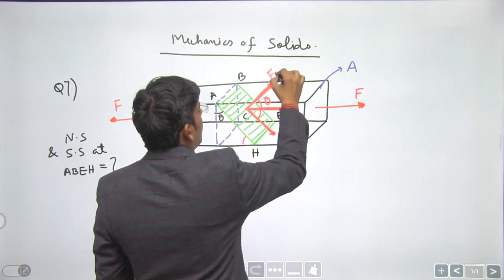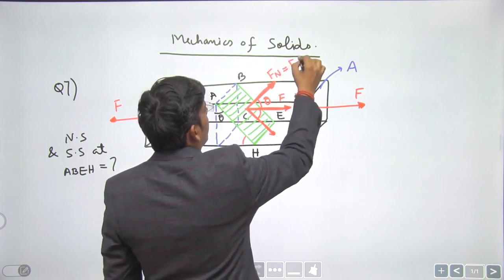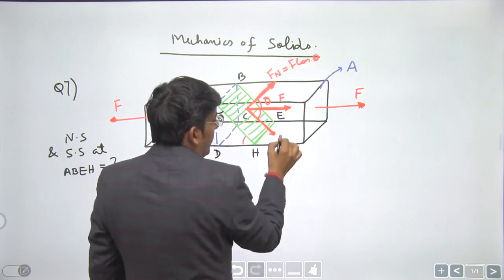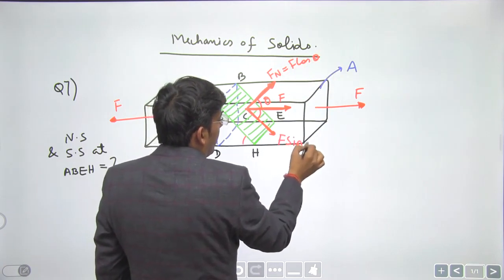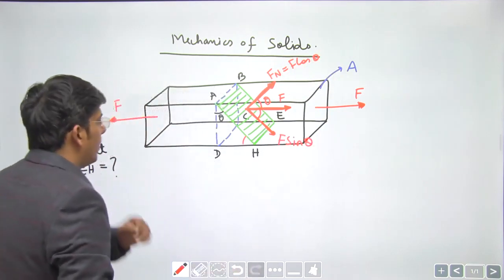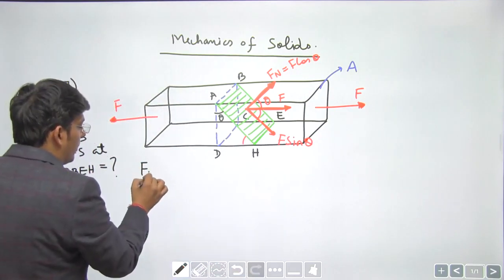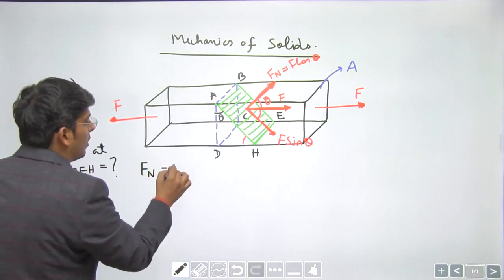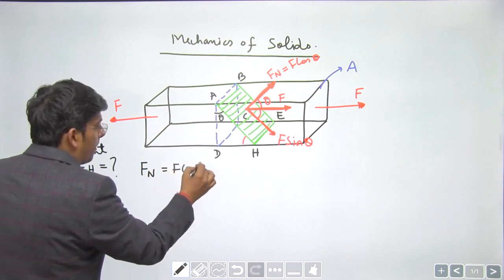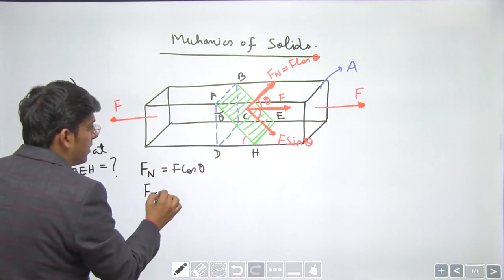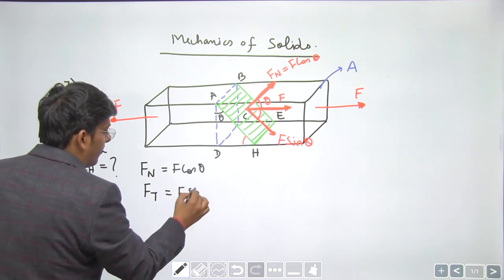So the component of force perpendicular to the surface is F cos theta and the component of force parallel to the surface is F sin theta. We have different names for the component perpendicular to and parallel to the plane. Normal force, the component of force perpendicular to the plane, is F cos theta, and obviously shear force or tangential force is going to be F sin theta here.